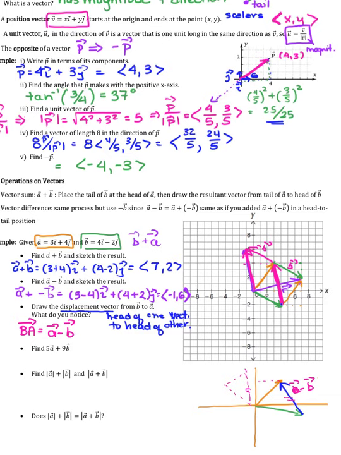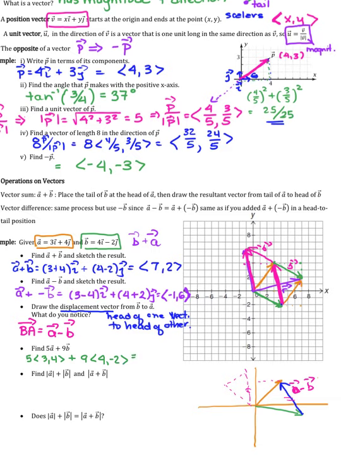All right. Now we have vector 5A plus 9B. This is just a matter of multiplying by a scalar. So it's 5 times, and I'm going to use my little vector notation, 3, 4 plus 9B, which was 4, negative 2. I'm not going to put that on the grid because that's going to be really big.